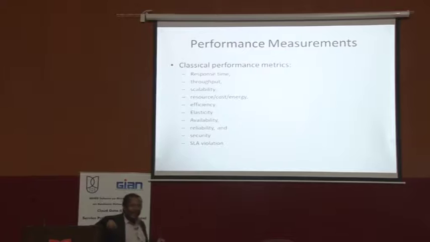Now, this performance matrix or criteria can be divided into two. We have to do this always. One is what we call user-oriented or user-centric performance, and then system-oriented performance. When I talk about the system, I'm interested in maximizing the utilization of the system, because that improves the cost.